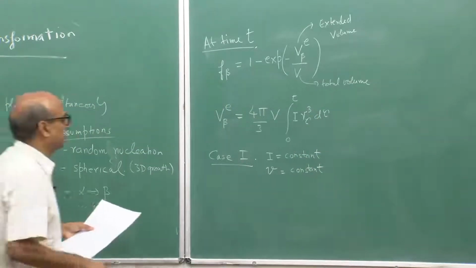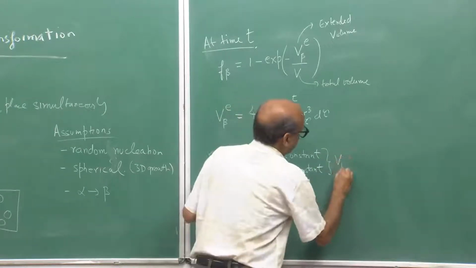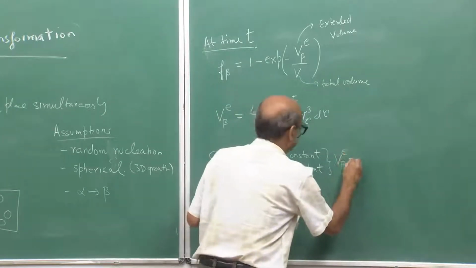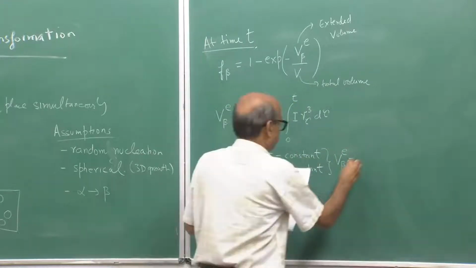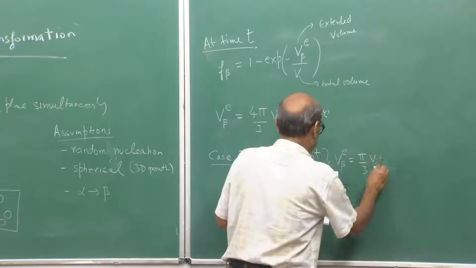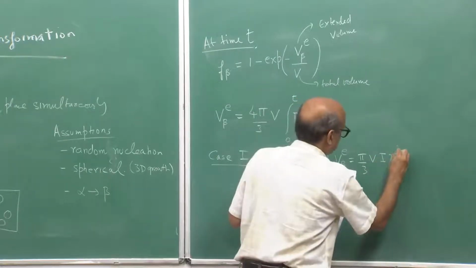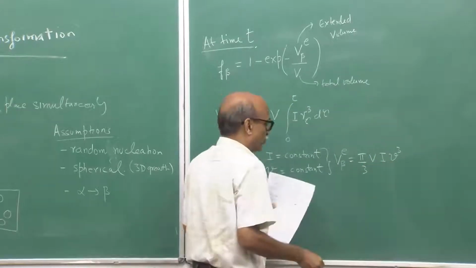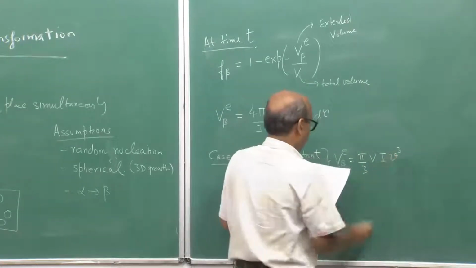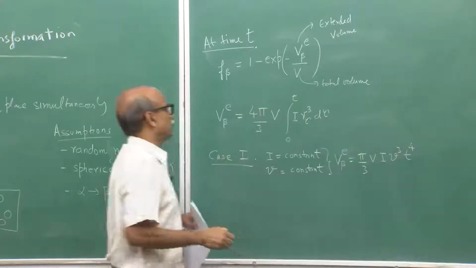In this particular case, V beta extended, the extended volume becomes pi by 3 times V times the nucleation rate times cube of the growth velocity small v multiplied by t to power 4.